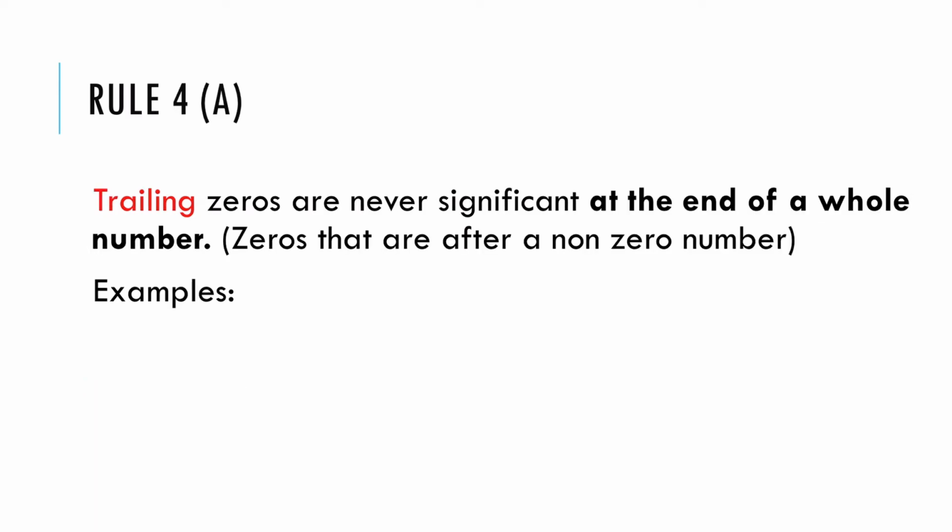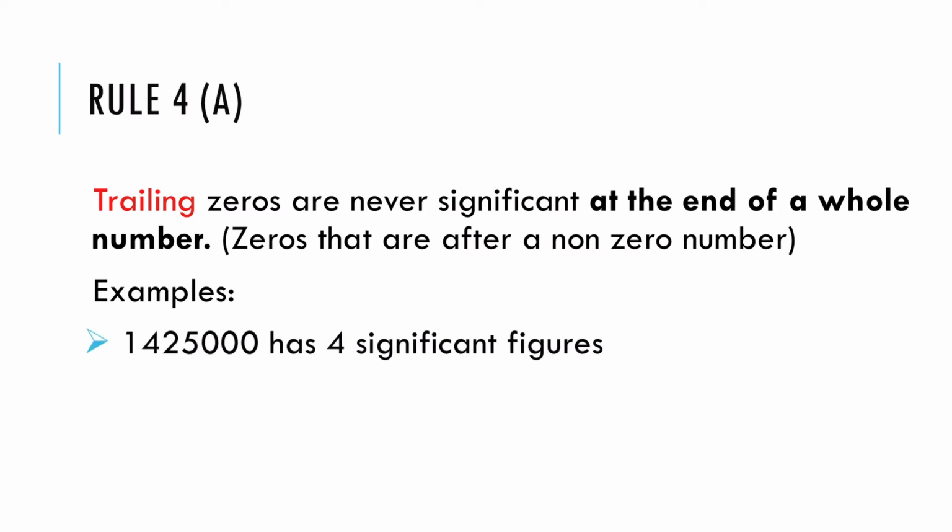Okay, so rule 4 is split into 2 parts. It is about trailing zeros. So trailing zeros are never significant at the end of a whole number, and that is zeros that lie after a non-zero number. So 1425000 has 4 significant figures. Rule 1 says that these 4 are significant.